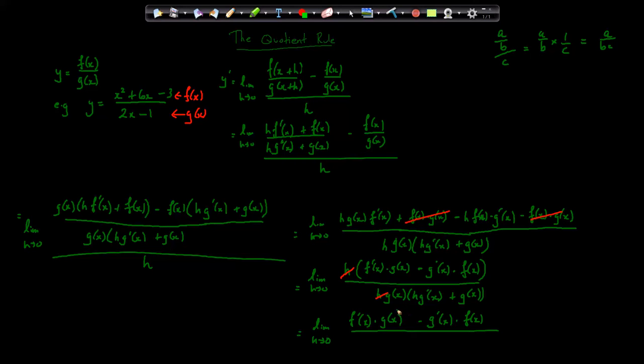All over. Okay, now let's expand this out. We're going to have g(x) times h g'(x), so let's write that as h g(x) times g'(x), and I've got g(x) times itself, so that'll be g(x) all squared.